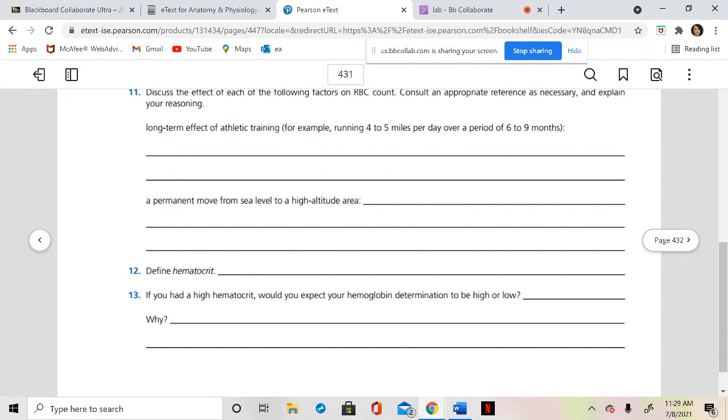So the body compensates by producing more red blood cells so that the same relative amount of oxygen can be picked up and transported by the blood. So this is a permanent move from sea level to high altitude, and this is why sometimes your nose bleeds.